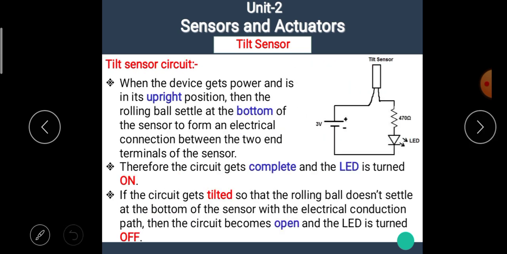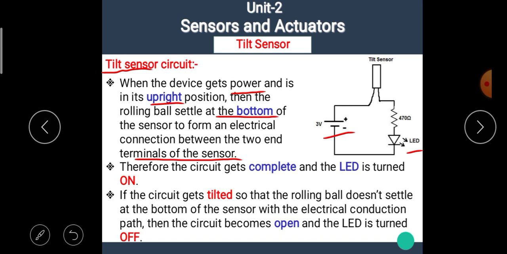Now let's see the basic circuit of the tilt sensor. This is the tilt sensor, which is connected with the power supply and the LED. When the device gets power and is in upright position, then the rolling ball settles at the bottom of the sensor to form an electrical connection between the two end terminals of the sensor.